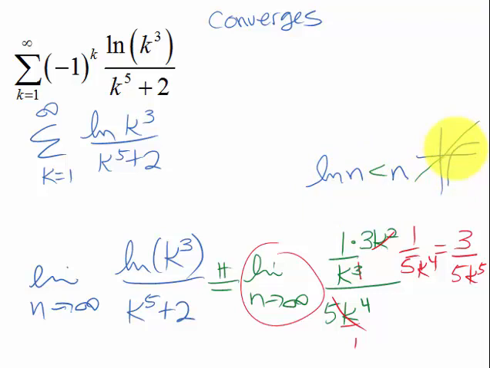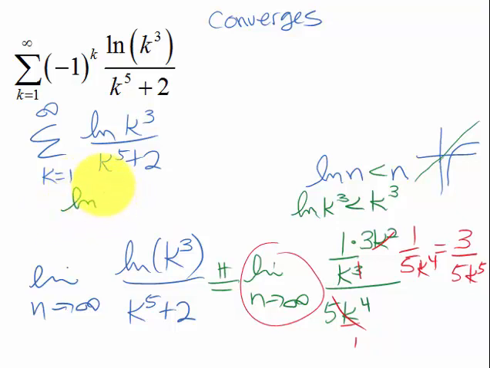Now I don't have n, I have k to the third, but I could replace the n with k to the third. So one thing I would know is the natural log of k to the third is going to be less than k to the third. And the reason is I'm trying to figure out an inequality here.